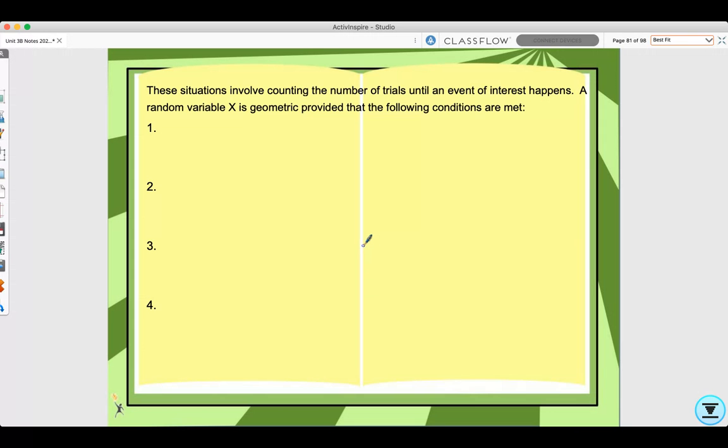A random variable x is geometric provided that the following conditions are met. So our first condition is each observation falls into one of just 2 categories, which for convenience we call success or failure.